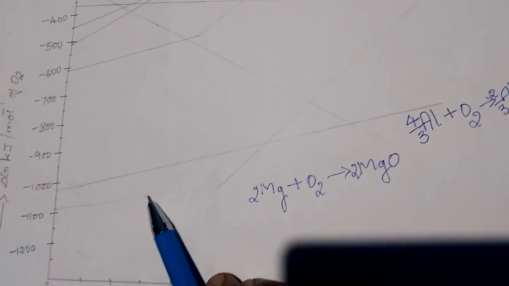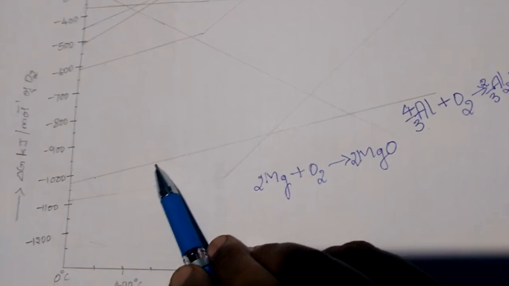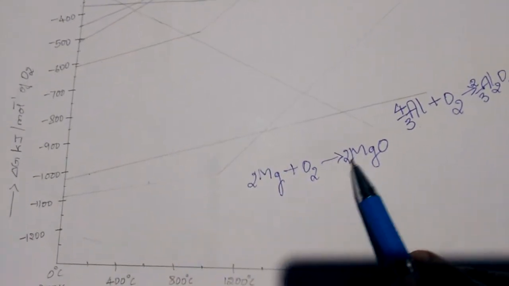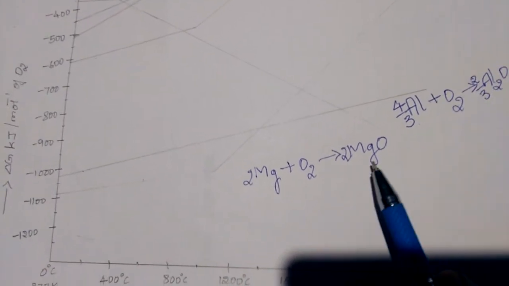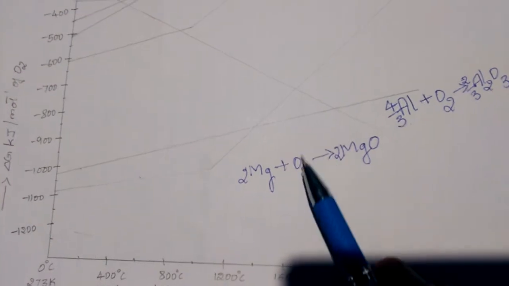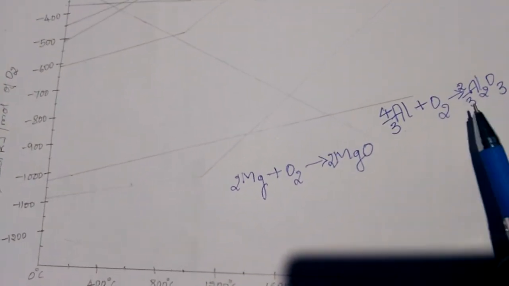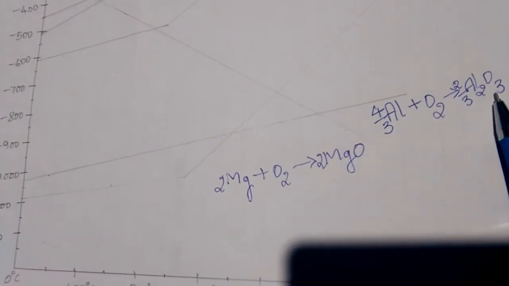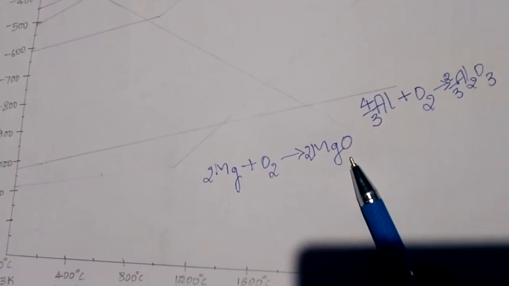What this indicates is that if delta G is less negative, it is comparatively less stable than magnesium oxide. Means aluminium oxide is less stable than magnesium oxide at that temperature, or you can say the spontaneity of the reaction is less for the formation of aluminium oxide than for the formation of magnesium oxide.